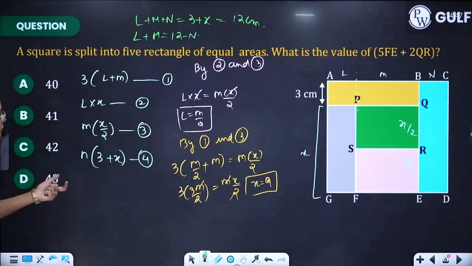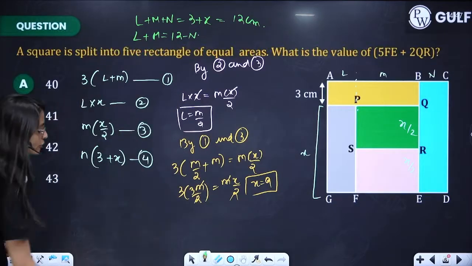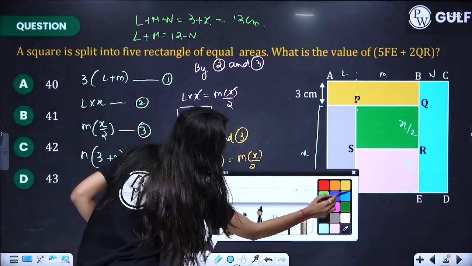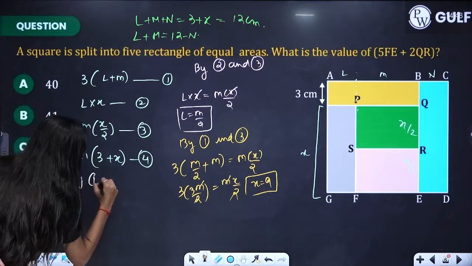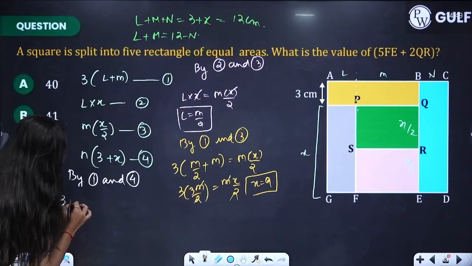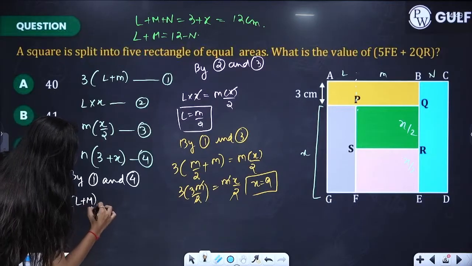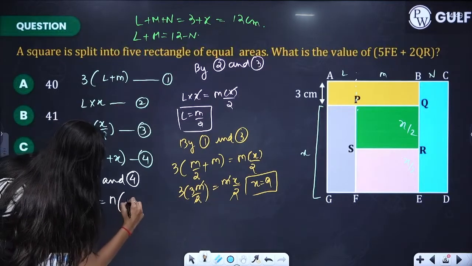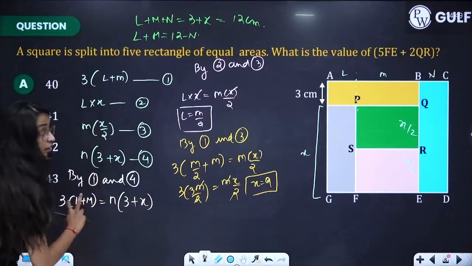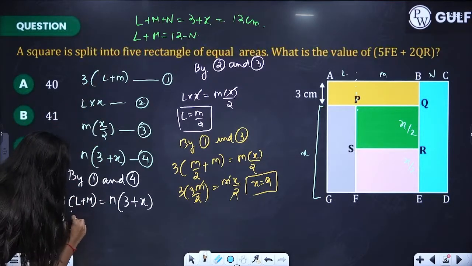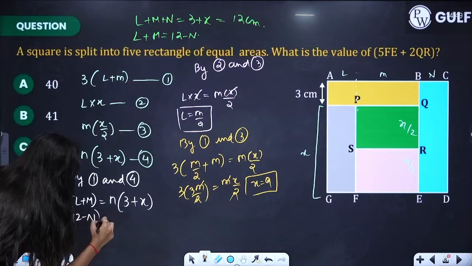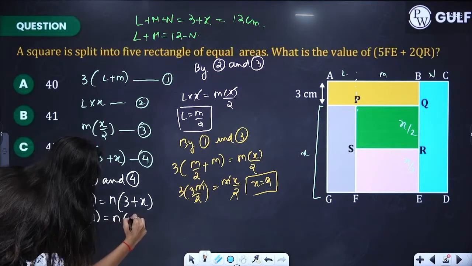Now I'll be solving my first and fourth equation. So here the first and fourth equations will be solved as 1 and 3 into l plus m is equal to n into 3 plus x. Now we'll be writing l plus m as 12 minus n. 3 into 12 minus n is equal to n into 12.